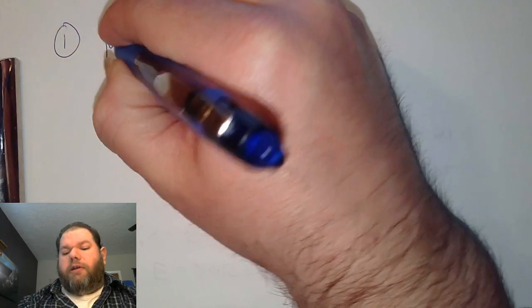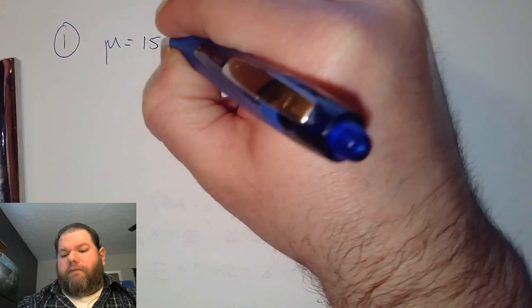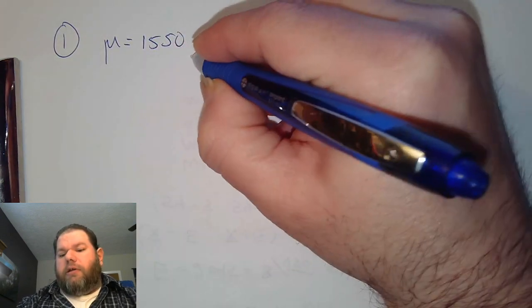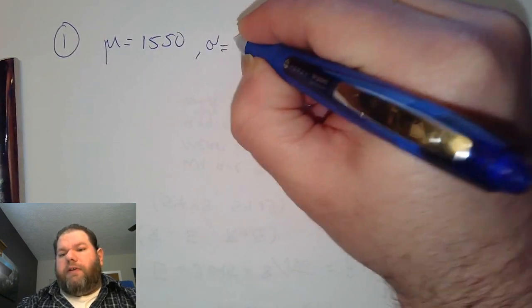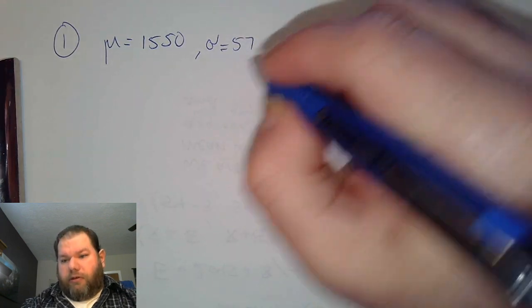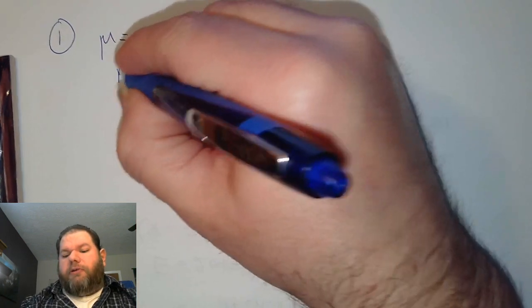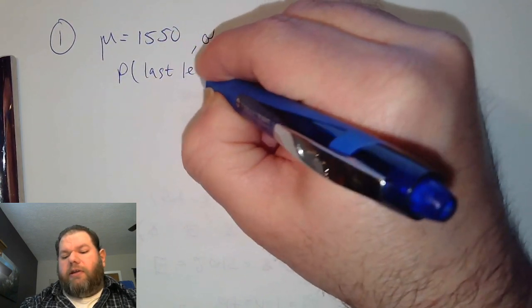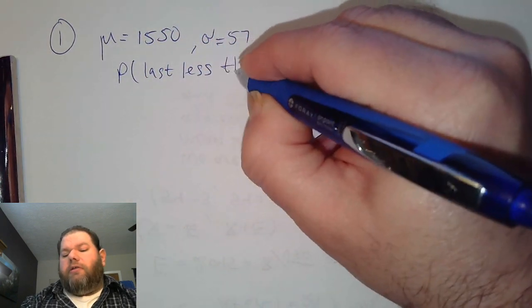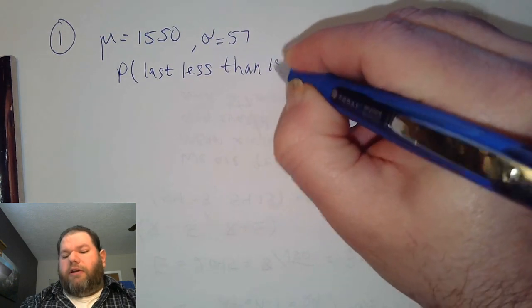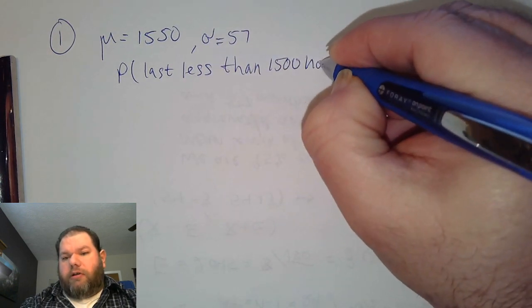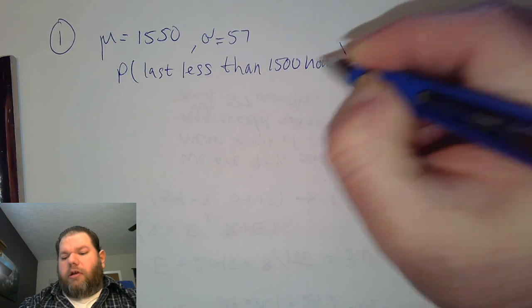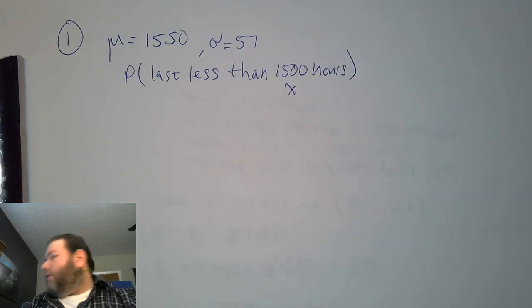So we have our mean is 1,550, standard deviation is 57, and we want the probability that it would last less than 1,500 hours. And that's our data value, x.